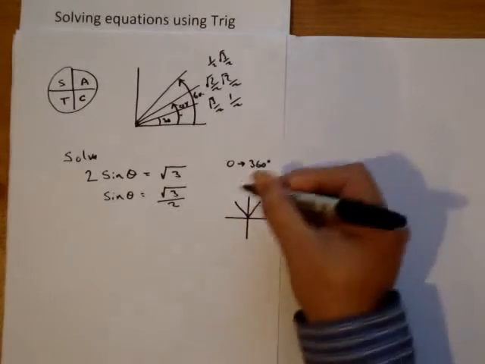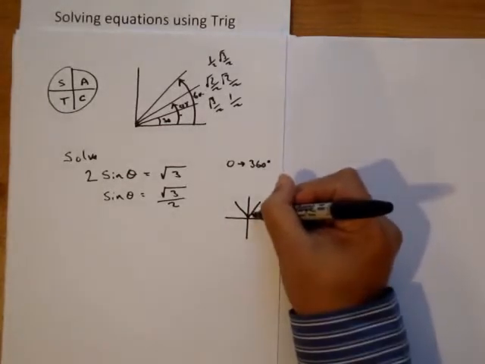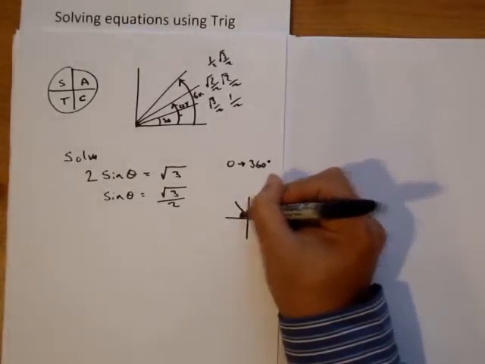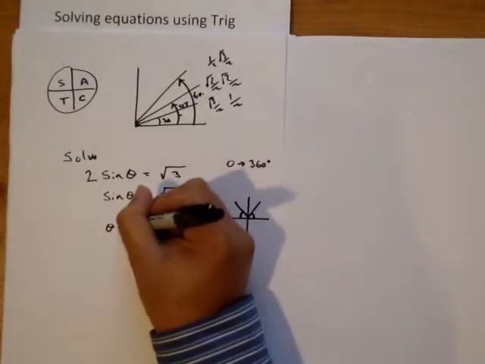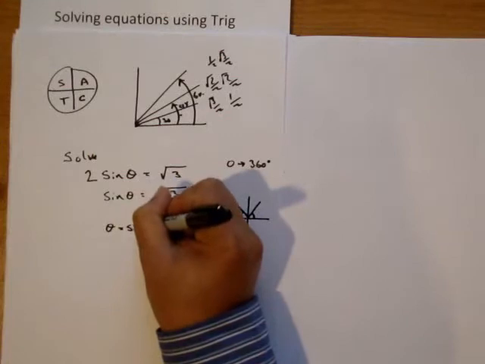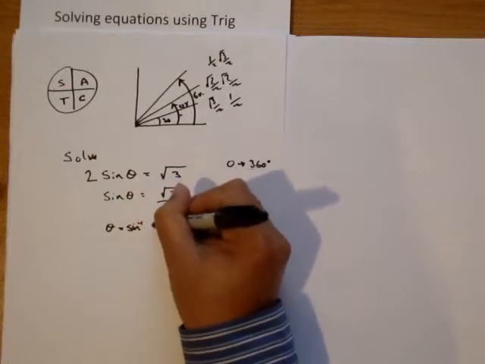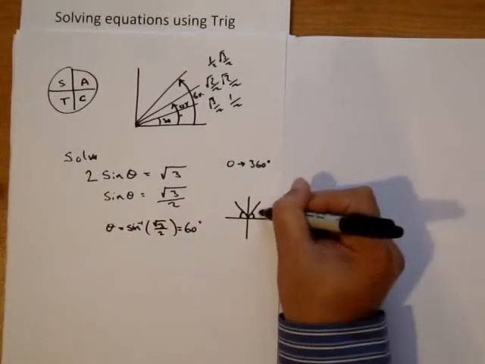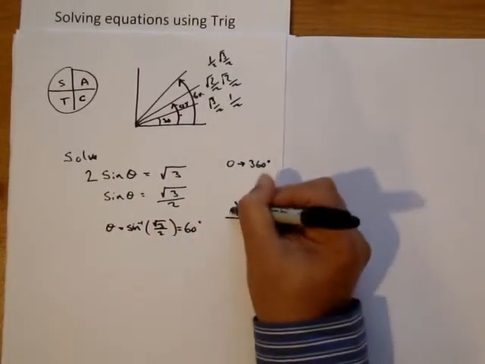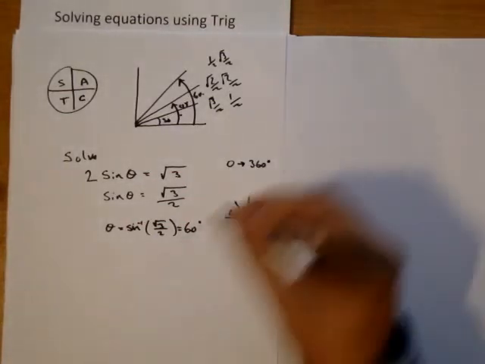The angles that we're concerned with would be the acute angles here. So theta would equal sine inverse of square root of 3 over 2, which is 60 degrees. So this would be 60 degrees, and this would be 60 degrees.